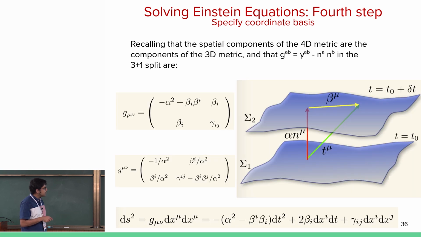And putting it all together, what we get is the following single slide. This single slide summarizes most of the quantities that I have discussed so far. So this is the full 4D metric written in terms of the 3D metric and shift as well as lapse functions, expanded out right here. I'm going to pause here for 2 seconds to see if people have questions about this.